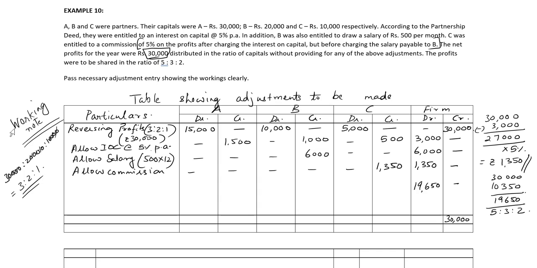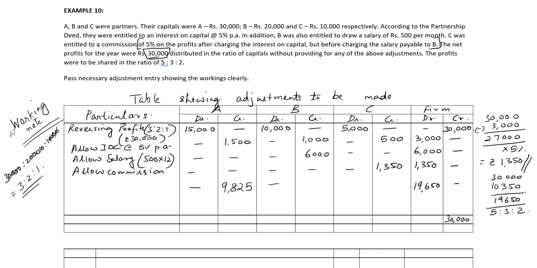So on dividing, since it's coming in the debit of the firm, we need to credit the partners. So the amount for A credit will be 19,650 into 5 divided by 10, which is 9,825.